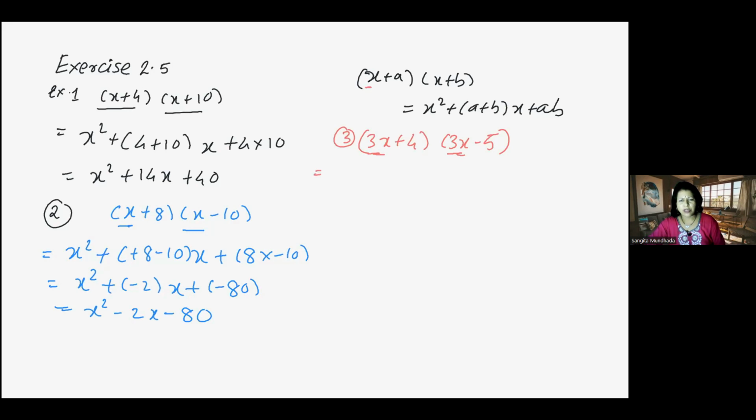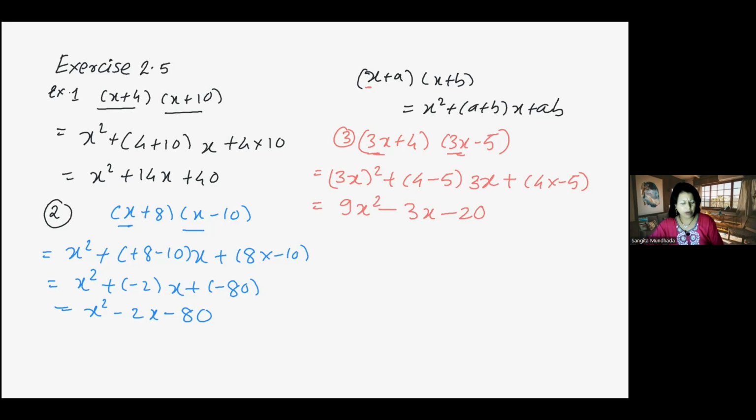So using the above identity, (3x) square plus (4 - 5) into 3x plus 4 into minus 5. So it is equal to 9x square minus 1 into 3x, minus 20, because the product of a positive and a negative number is always negative.